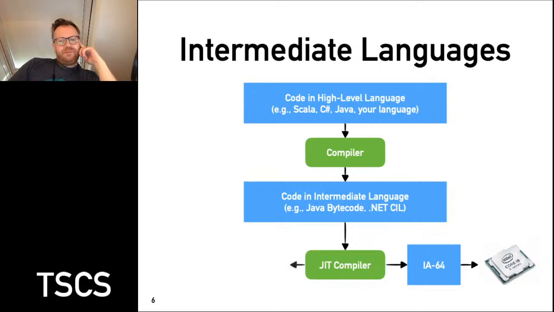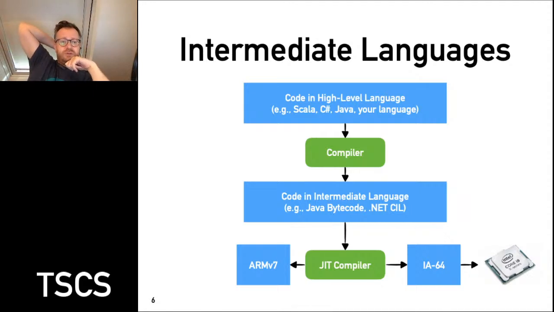Good. But it also has the opportunity that you can JIT compile, of course, to other platforms if you want to run this code on other platforms. The nice thing about an intermediate language is that you don't, by compilation, fix the physical processor that you run on.